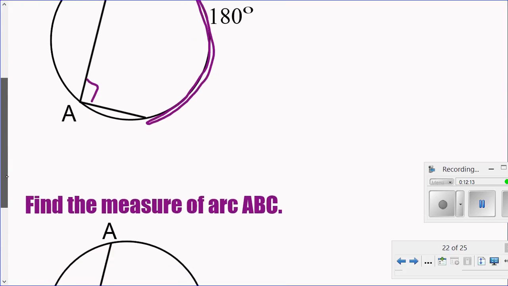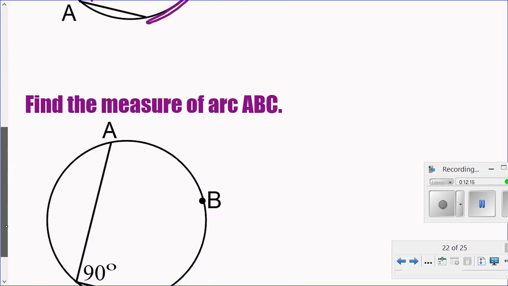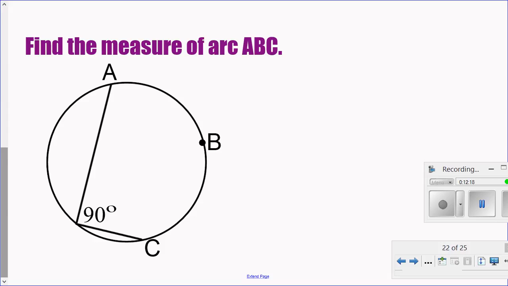Okay, so that the measure of that angle would be 90 degrees. So find the measure of arc ABC. Well, this time we have the opposite. So they're giving us an inscribed angle, and we want to find the measure of arc ABC. So I just double 90 and I get 180 degrees.